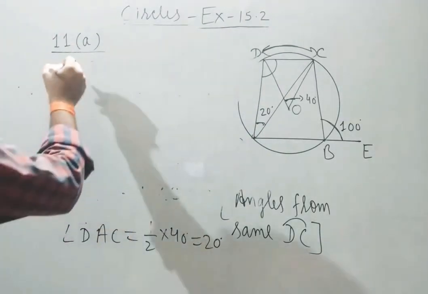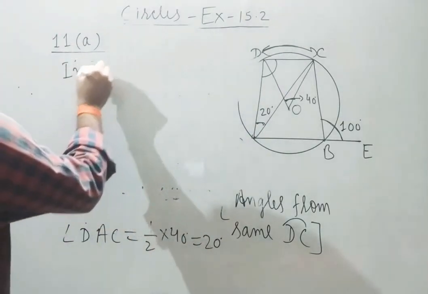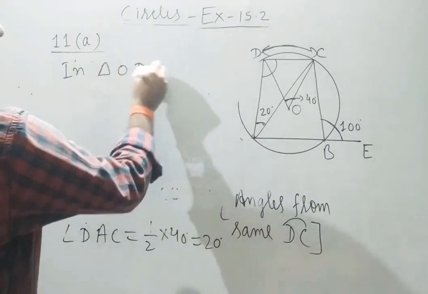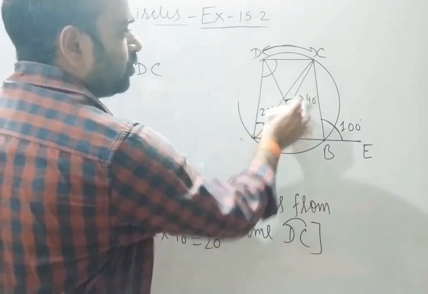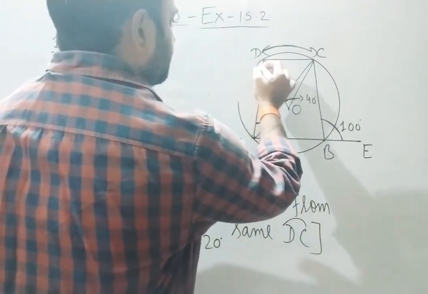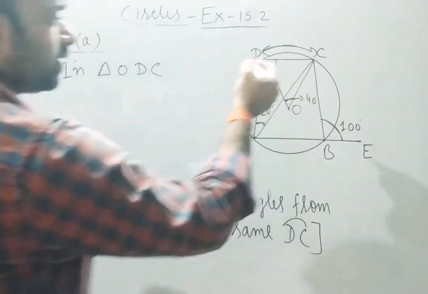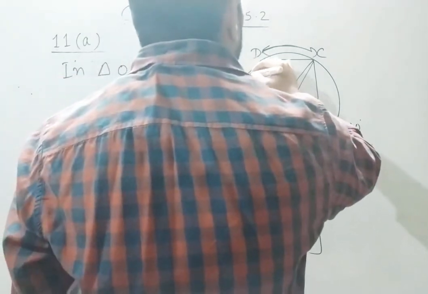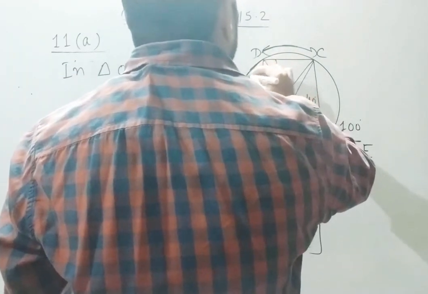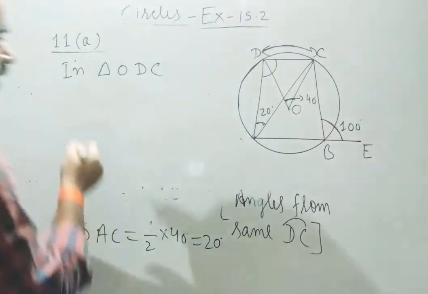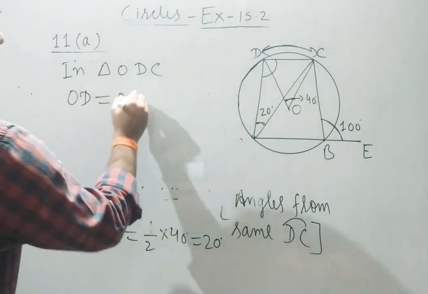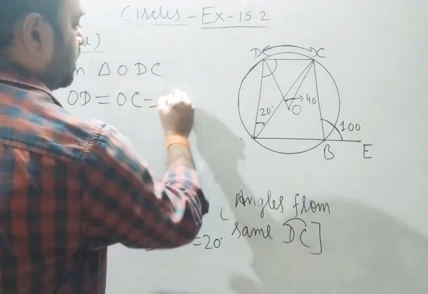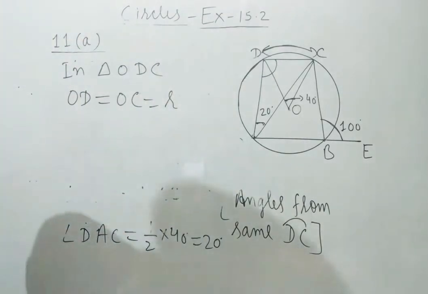In triangle ODC, we have two radii. Why? O is joined to D, O is joined to C. In triangle ODC, OD is equal to OC. Both are radii of the same circle.